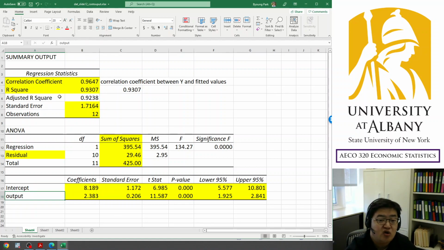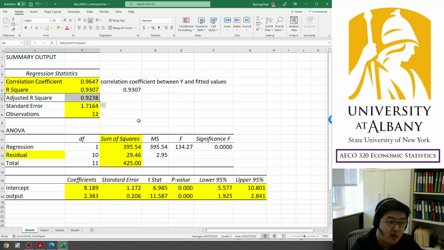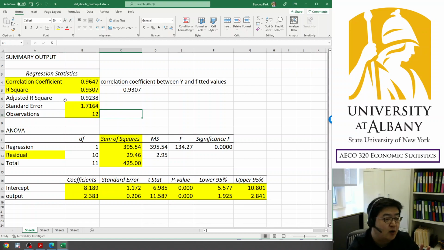Then you have to adjust the R square based on the number of independent variables. Mathematically, we adjust that measure, but we are not going to study that right now. If you take another course, you will learn adjusted R square.